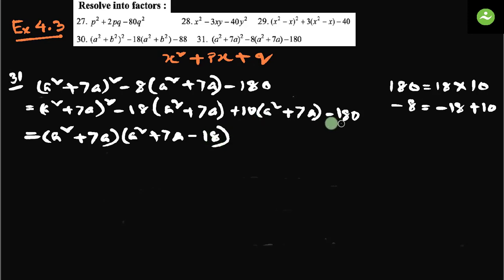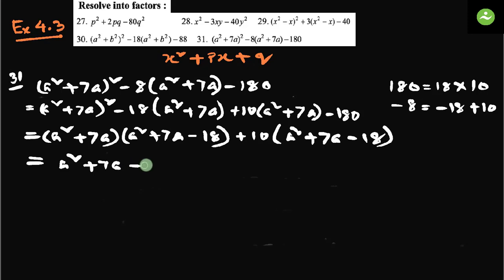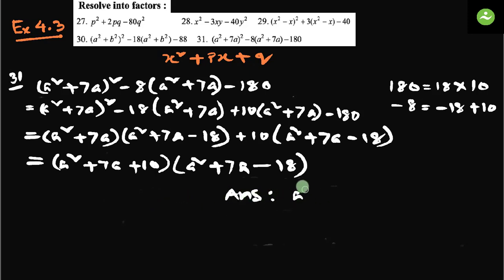Then what we can take common here, plus 10 into a square plus 7a minus 18. What two factors we get? One is a square plus 7a plus 10. The other one is a square plus 7a minus 18. The answer, a square plus 7a plus 10, a square plus 7a minus 18.